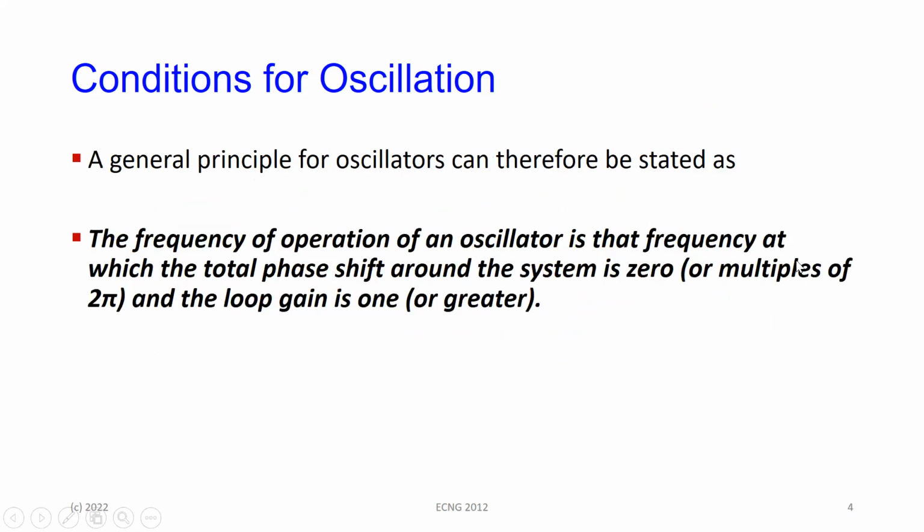So the general principle that we had is that the frequency of oscillation of the oscillator is that frequency at which the total phase shift around the system is 0 or multiples of 2 pi, and the loop gain is greater than 1, is equal to 1, or very slightly greater. And this, of course, is Barkhausen.